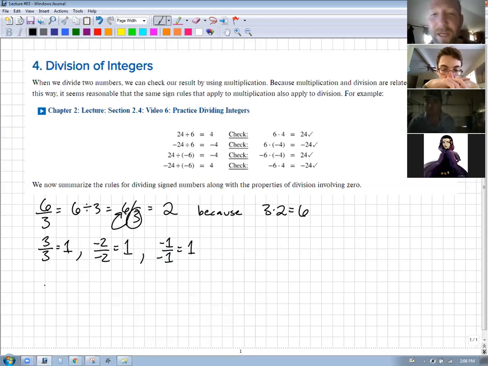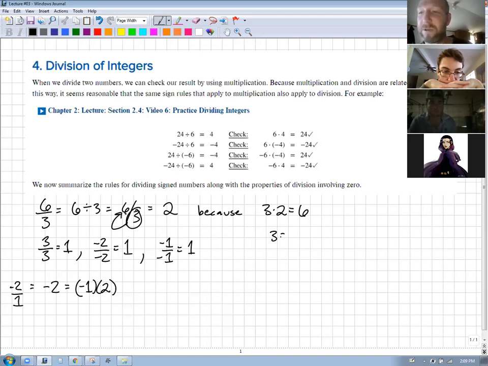Now, if you have something like -2, that's the same thing as -1 times 2. If you have -2 here, this is also the same thing as -2 divided by 1. 3 is the same as 3 over 1, right? Any number A is also A over 1, okay?